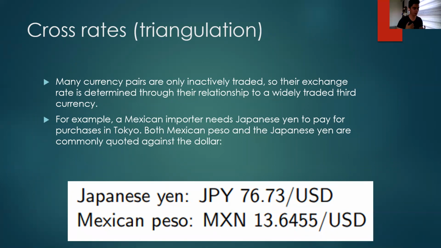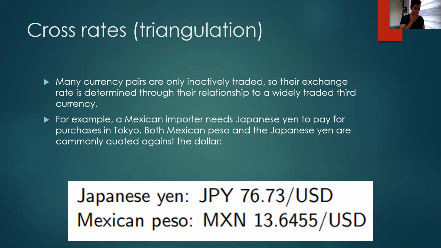This concept is very important. Let me explain the origin of the cross rate. If you think about an exchange rate, the first one that comes to your mind is probably pesos per dollar, right? That's normal, because from the Mexican perspective we care about our currency and the dollar, since the dollar is the most important currency in the world and also our neighbor.